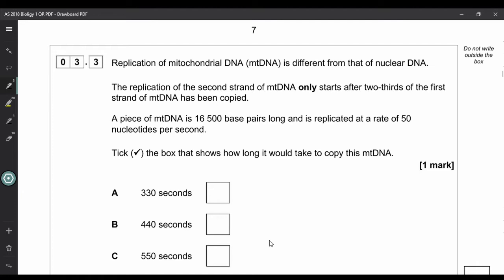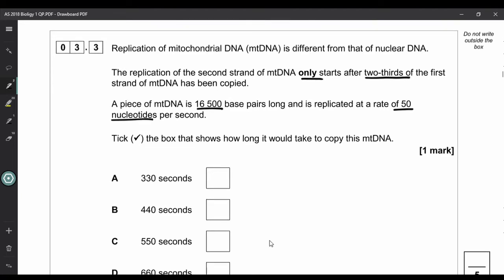The replication of the second strand of mitochondrial DNA only starts after 2/3 of the first strand has been copied. We've got a piece of mitochondrial DNA, 16,500 base pairs long, and it's replicated at a rate of 50 nucleotides per second. And we've got to show how long this entire bit of DNA takes to replicate.